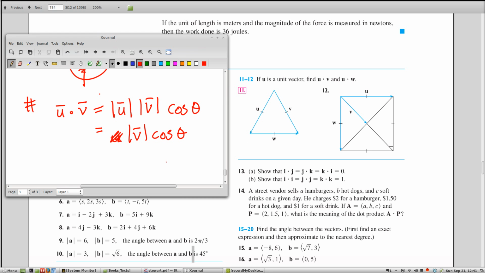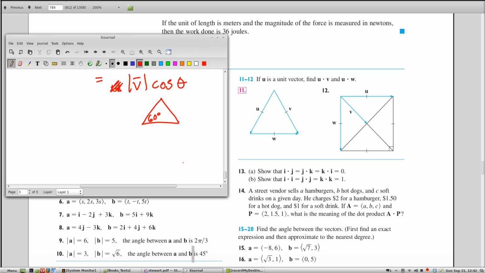And what they're giving you here is, I guess this is an equilateral triangle, all sides the same, so that means 60, 60, 60. And that means that if the magnitude of u is 1, and it really is an equilateral triangle, then the magnitude of v is 1 also. And so in that case, u dot v is just cosine of 60 degrees, which is 1/2. So the answer to number 11 is 1/2.